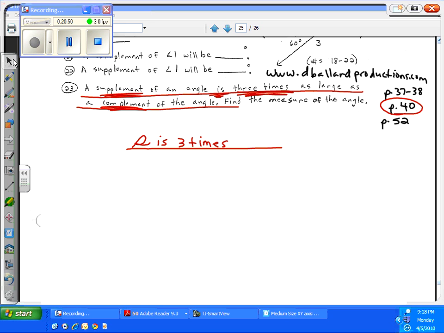So all we need is supplement S is 3 times, that means multiply. As large as we don't need, we do need the other character, complement C. S is 3 times C, that's all we need. And then it says find the measure of each angle, so that must be the question, and so all we have is one word sentence.